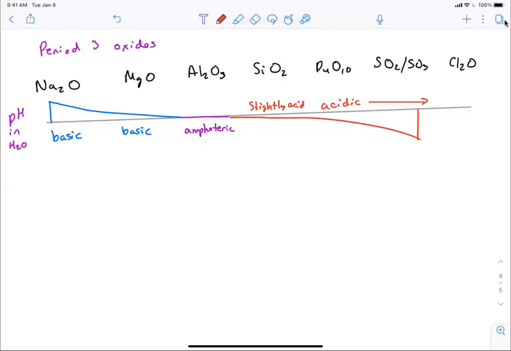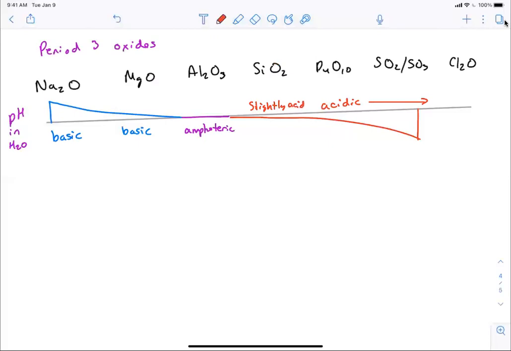Now remember, group 1 metal oxides are always the most basic because you make strong bases for that. Now Mg(OH)2 is also a fairly strong base, but it's always going to be not as strong as group 1. Hence the term alkaline earth metals instead of alkali metals.